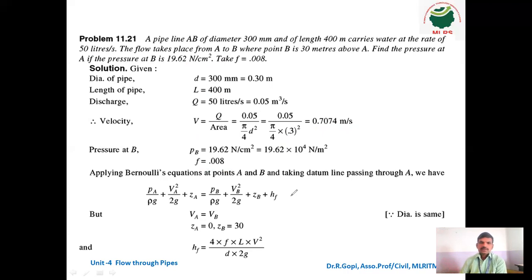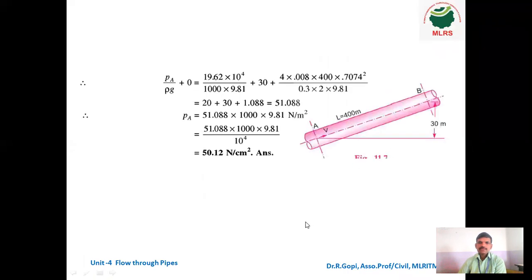Okay. You can see in this diagram, you can clearly understand. This is point A and this is point B. The flow takes place like this from A to B. Here PB, the pressure at point B, is given as 19.62. What are they asking?